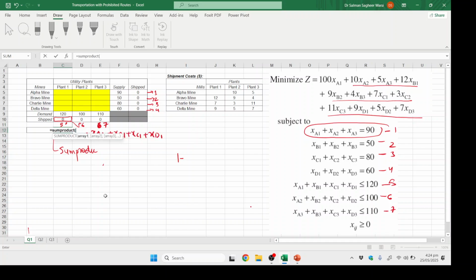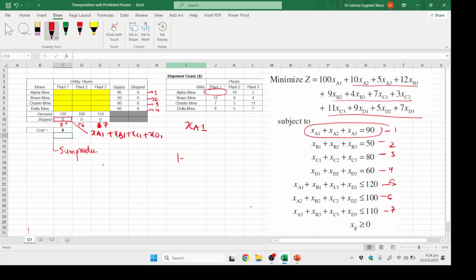and then it asks for the first array. So this is the first array of the data, all the x quantities, comma, all the cost quantities which are mentioned here. So this is how the SUMPRODUCT is done. Now, because this route xa1 was prohibited, we have not included its cost in this cell.